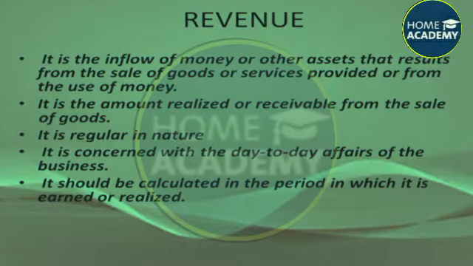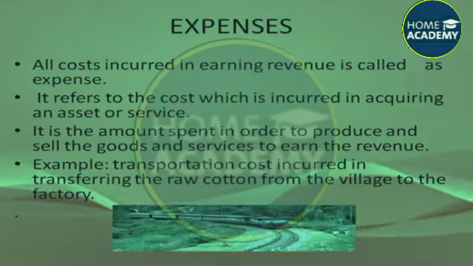Then comes the item of expenses. What are expenses? All cost incurred in earning revenue is called an expense. It refers to the cost which is incurred in acquiring an asset or a service. It is the amount spent in order to produce and sell the goods and services.